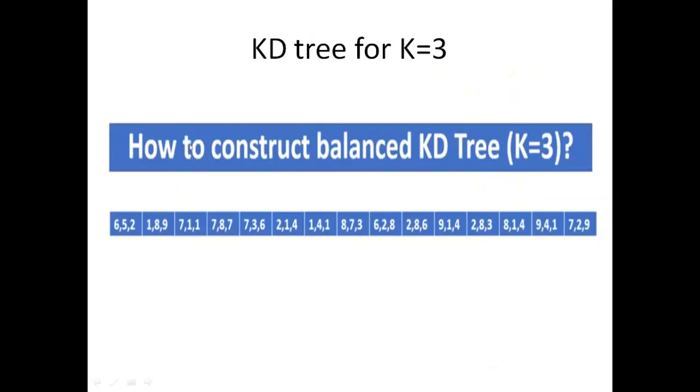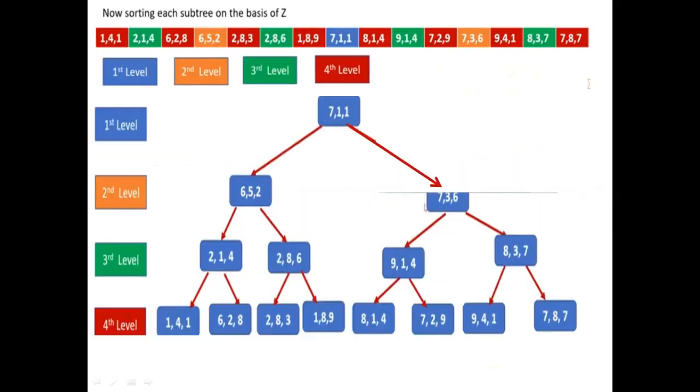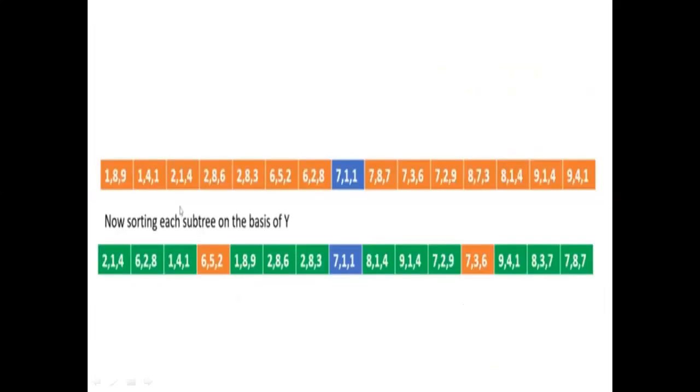Next we have one more example for number of dimensions, that is k equal to 3. So here we'll be partitioning alternately using x, y and z. We'll be cycling between x, y, z coordinates for the partition operation. So let us first split on the basis of x. We sort this list of points on the basis of their x values and the median that we get is 711. So this 711 becomes the root.